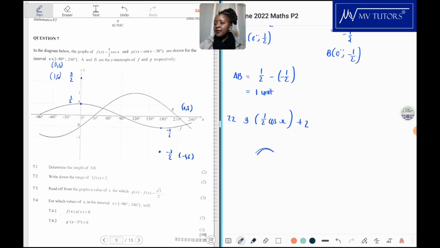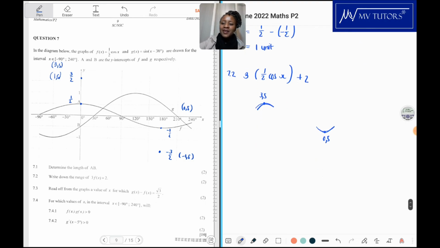My minimum is 0.5, my maximum is 3.5, and that's basically my range, from 0.5 to 3.5. But let me show you how else you can do it.